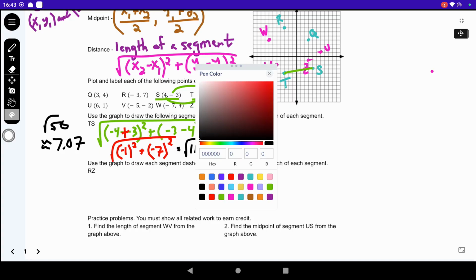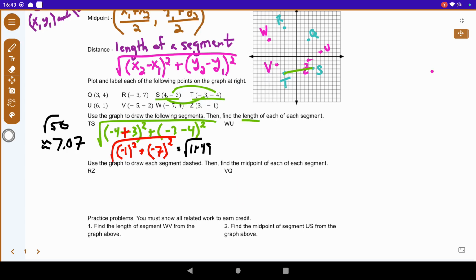Well, we're doing WU next. So we've got WU connecting those points. Again, we've got W and U here. You can use the points on the graph. You can use the coordinates. Square root of, and you may have noticed, oh, I did the formula is x's then y's, then I went y's then x's.